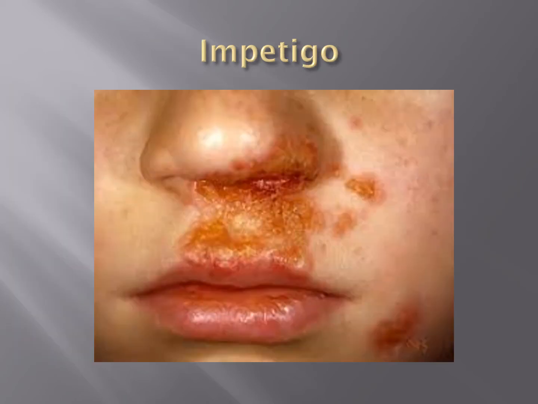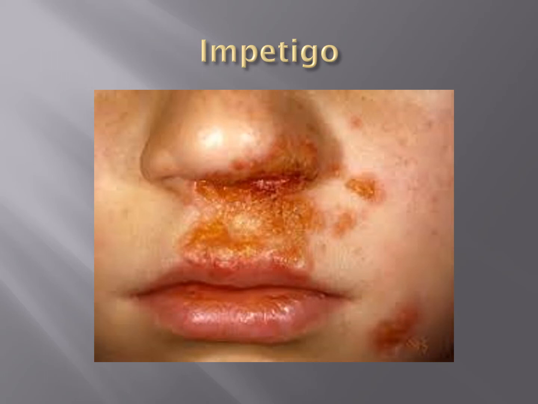Impetigo, often mispronounced as infantigo. It's not. It's impetigo. It's a secondary bacterial infection that's caused by Staph aureus after you've suffered some sort of skin trauma. Tends to happen a lot around the nose and the mouth. I think of constant nose picking of those young kids with their dirty little bacteria fingers.